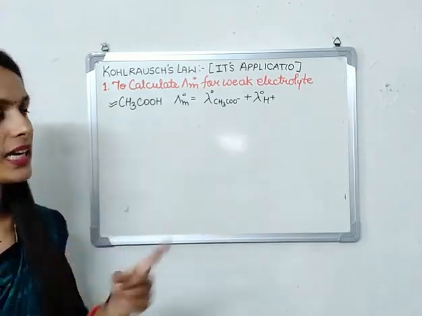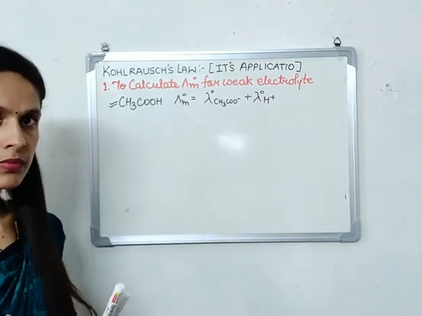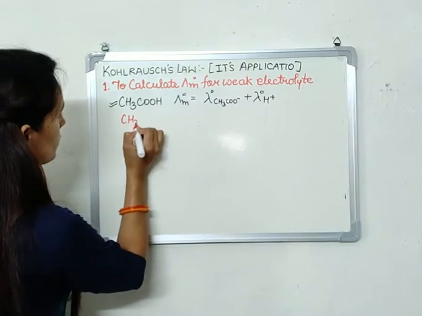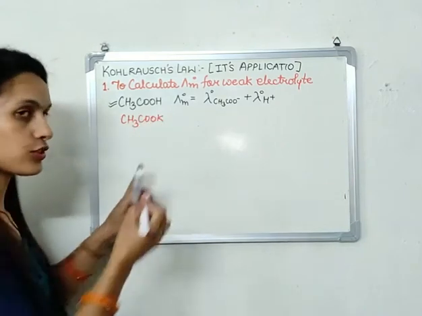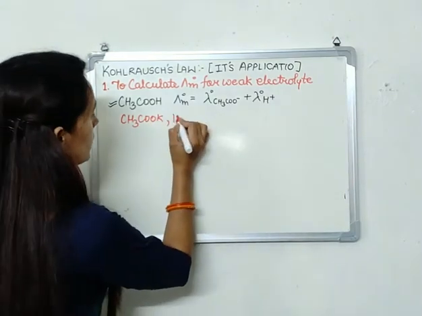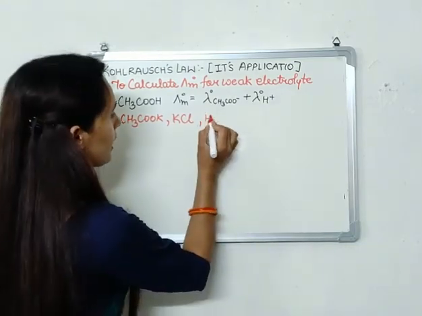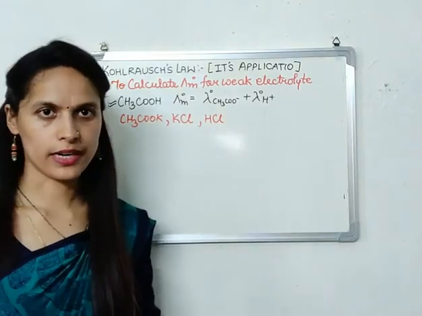Now, how do we get these two conductivities? Let us take three electrolytes. CH3COOK, it is a strong electrolyte. KCl, it is again a strong electrolyte. And HCl, it is again a strong electrolyte.